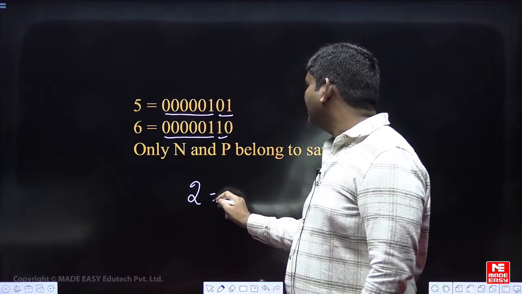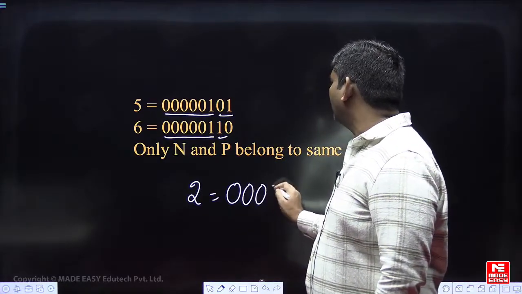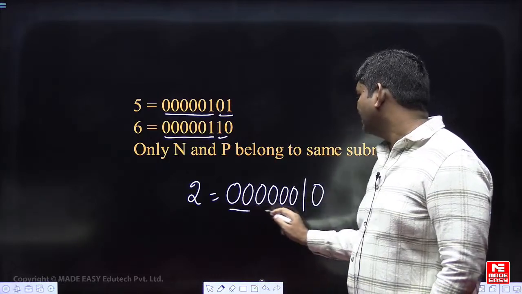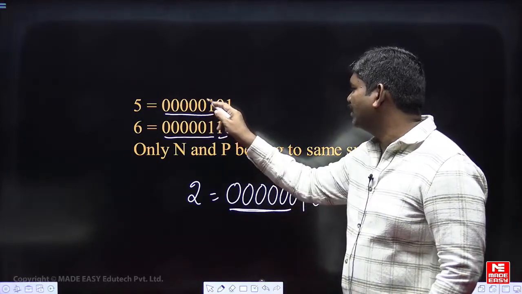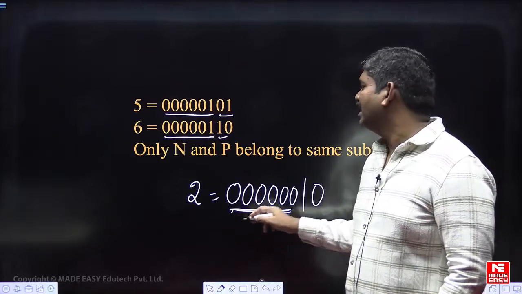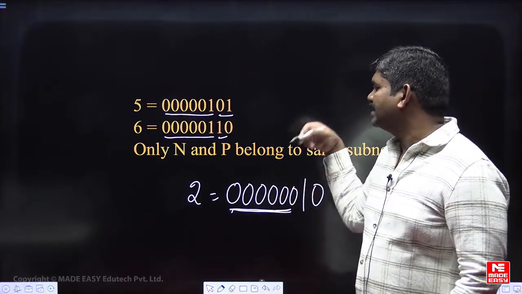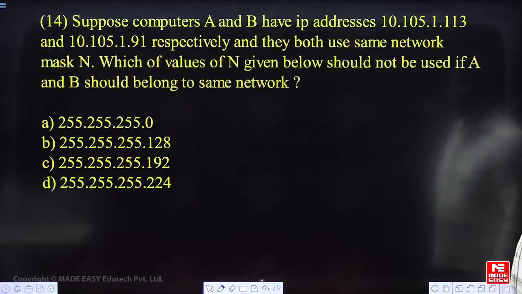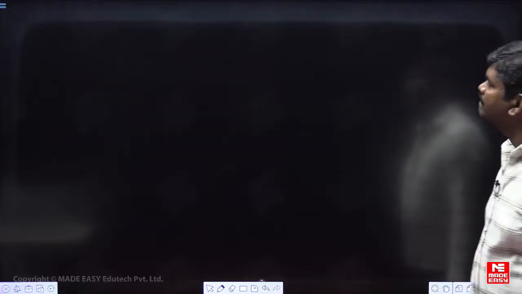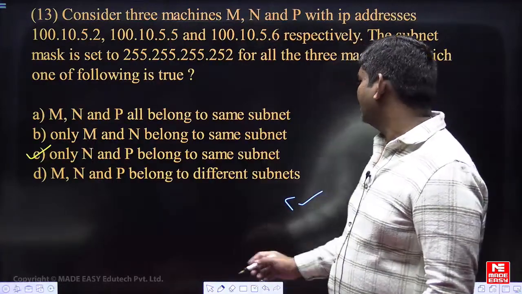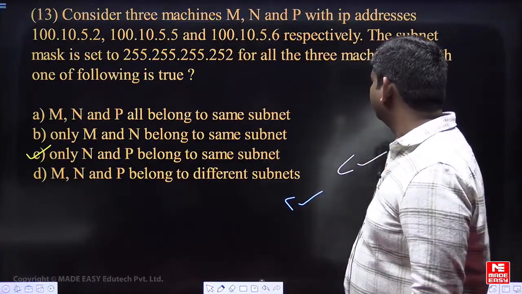If I write this 2, it is 6 zeros and 1 0. But you can see the prefix is mismatching with the remaining 2 prefixes. So when the prefix is mismatching, this gives a clear idea that this M is in the other network. So only N and P belong to the same subnet. Okay, so what is the answer? C is the answer for this question.